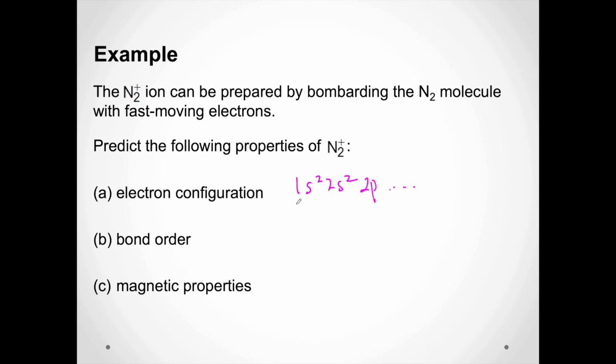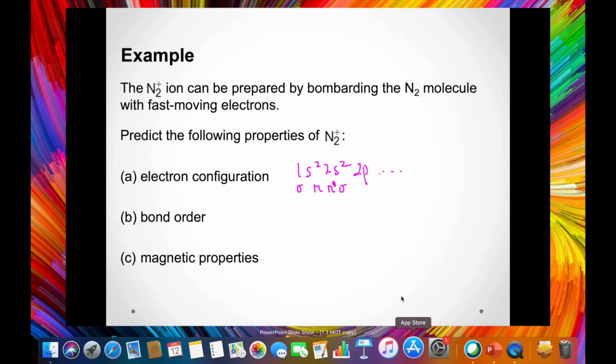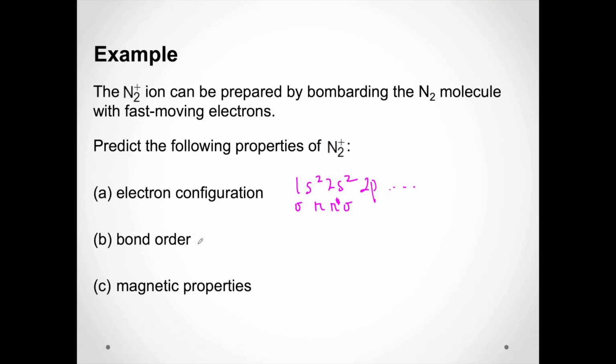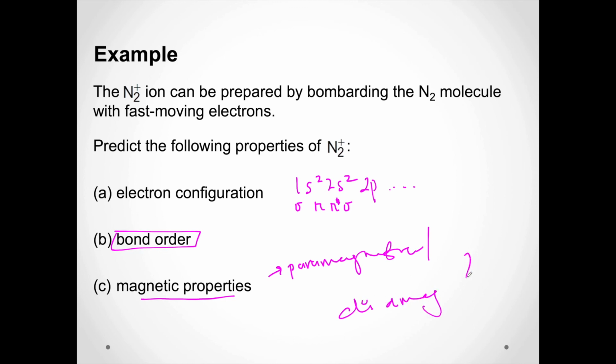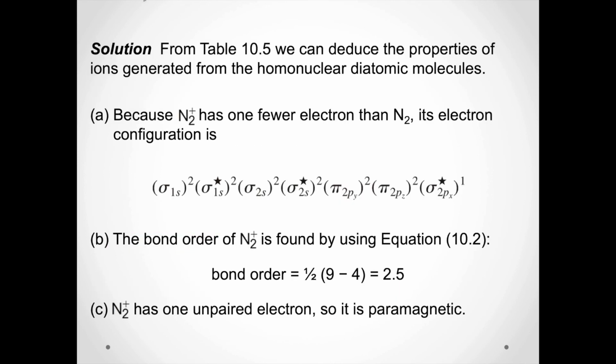The answer must start with the sigma, followed by pi, then pi star, and sigma star, or vice versa. You need to remember the formula for the bond order and the magnetic properties, whether it is paramagnetic or diamagnetic. So these are the answers.